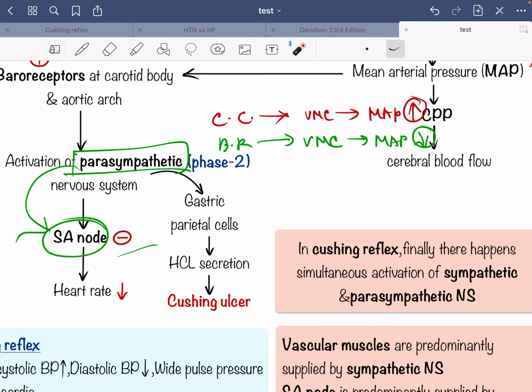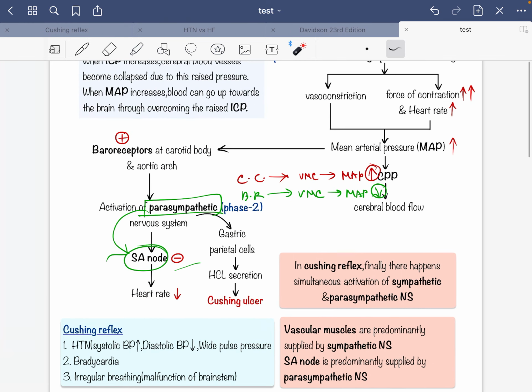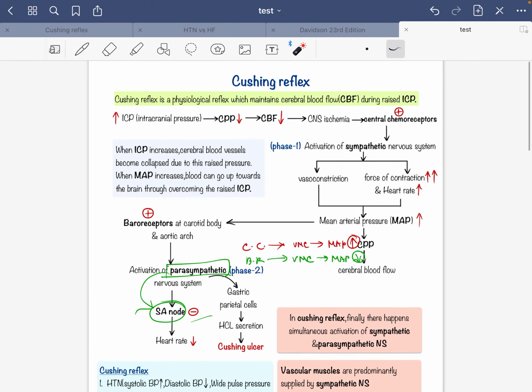So the gastric parietal cell is now stimulated more and more, so it will start to release more hydrochloric acid. This increased secretion of hydrochloric acid will lead to ulceration, which is known as Cushing ulcer. So a patient having raised intracranial pressure due to any cause may develop a Cushing ulcer.